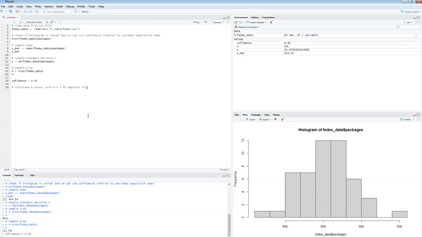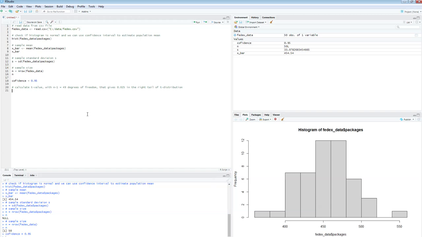And 0.025, 5% divided by 2, evenly split between right and left tail, in the right tail of the t distribution. This is quite literally what I'm looking for, right?